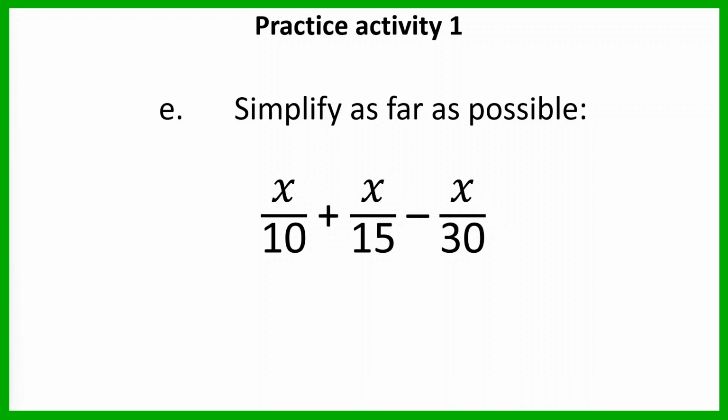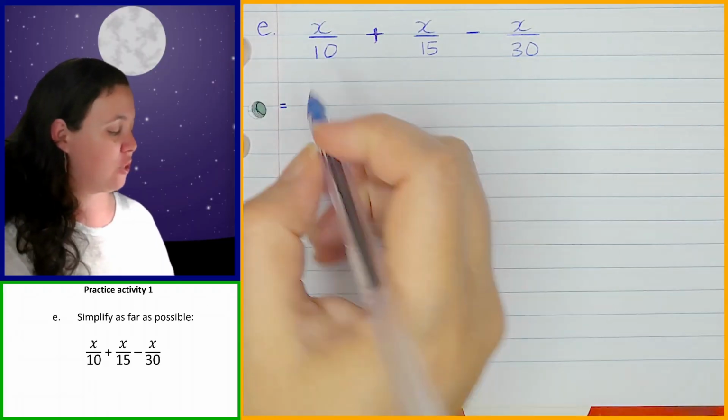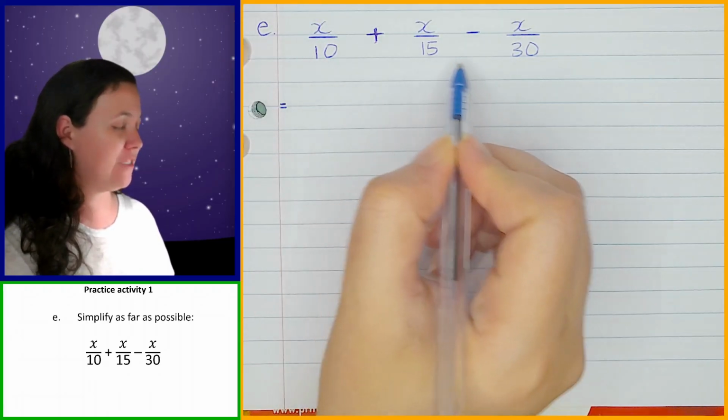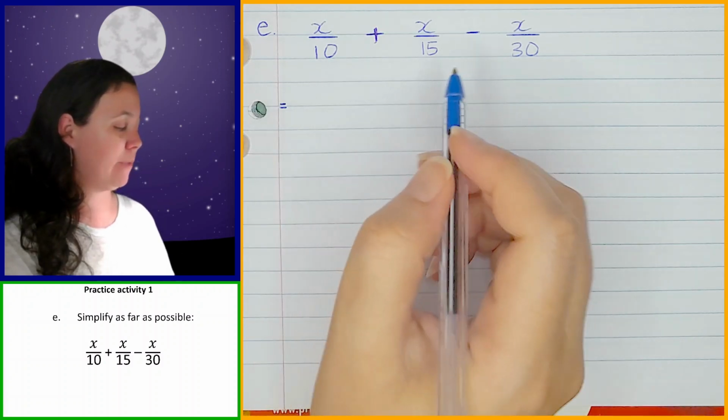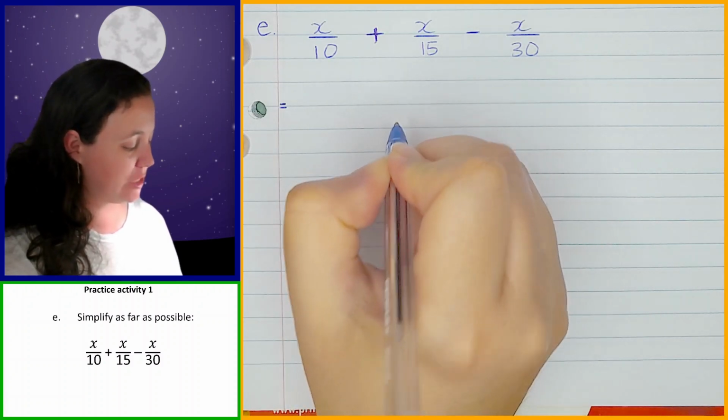Okay, so let's go through that question. Okay, so over here I've got 10, 15, and 30 as my denominators. The LCD for this question is going to be 30.